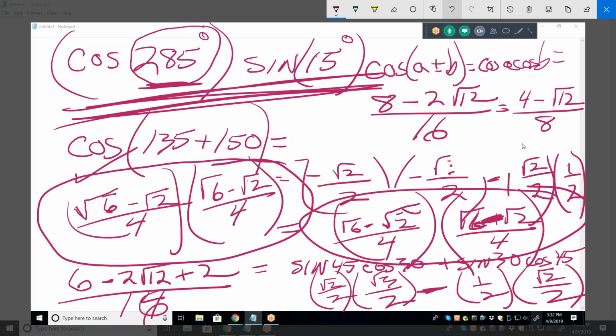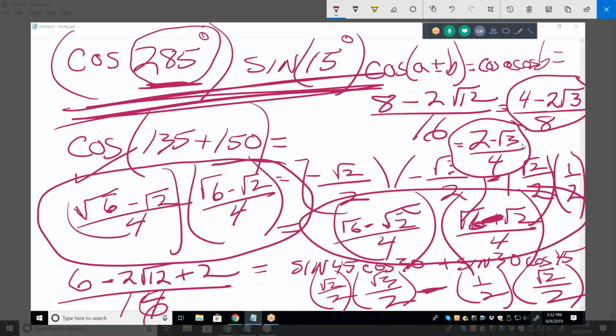Now I can pull a 2 out of that. So it's 4 minus 2 root 3 all over 8. Now I can divide top and bottom by 2 again. So it looks like this would be a final answer, although I wouldn't bet my life on it, just because we've done so much arithmetic, it's easy to make a mistake.